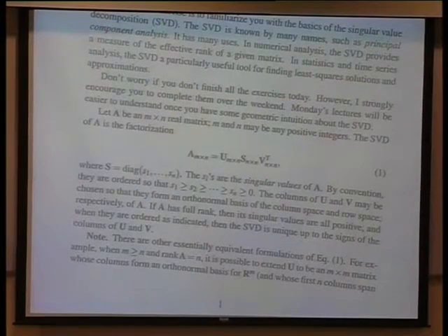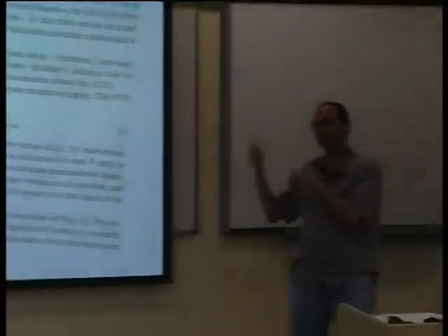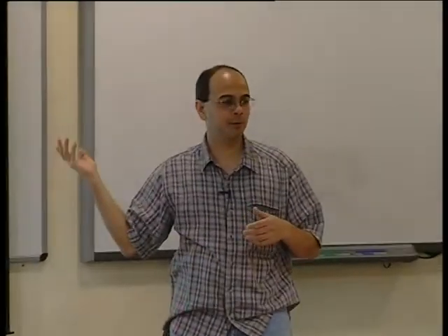I guess this is n cross n. So if A is rank k, then n minus k of the singular values will be 0, right?